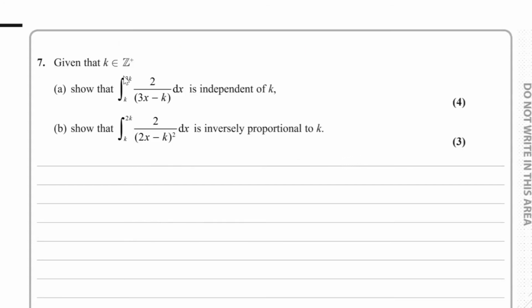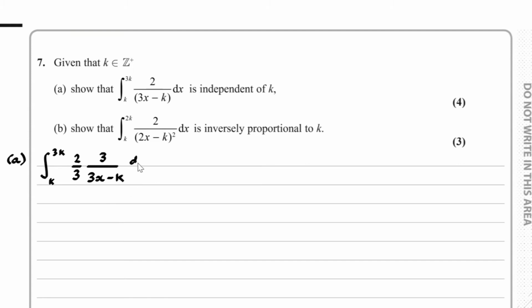Question number 7, we are given that k belongs to a set of positive integers, and for part A we have to show that the integral of 2 over 3x minus k with respect to x in between k and 3k is independent of k. Well, to begin with, we can rewrite this as the integral of 2/3 times 3 over 3x minus k between k and 3k with respect to x.